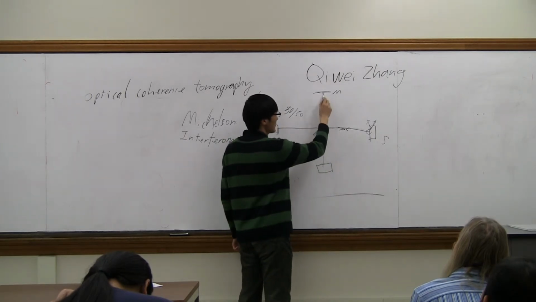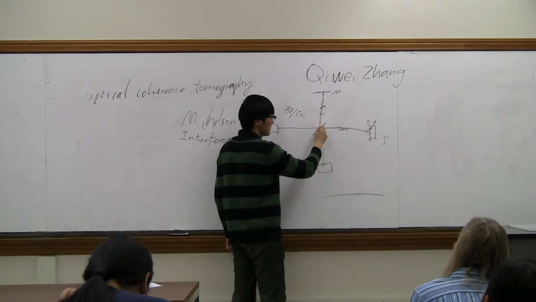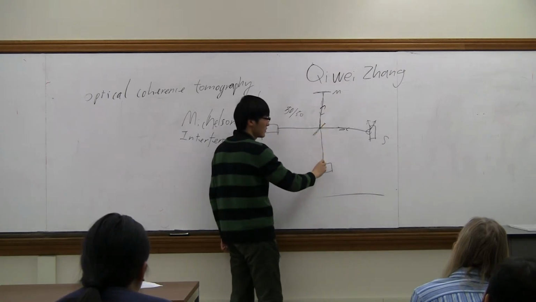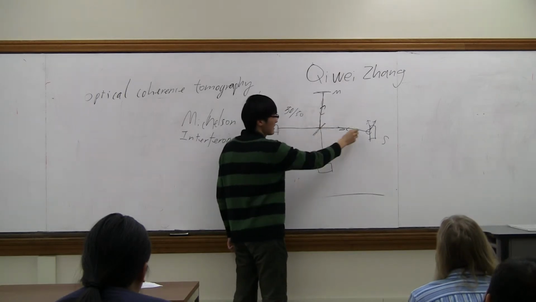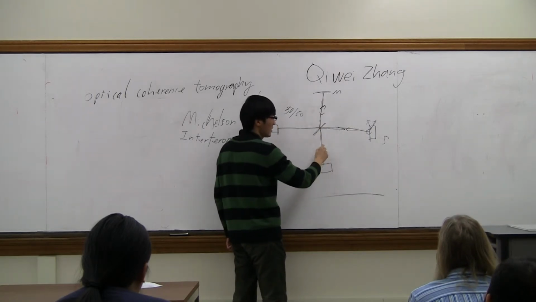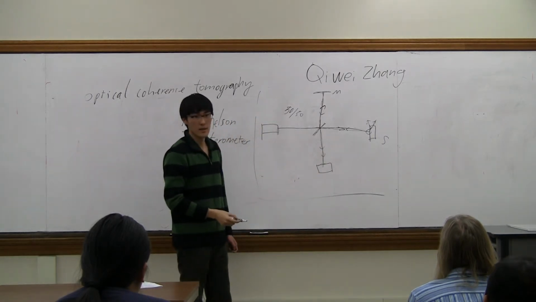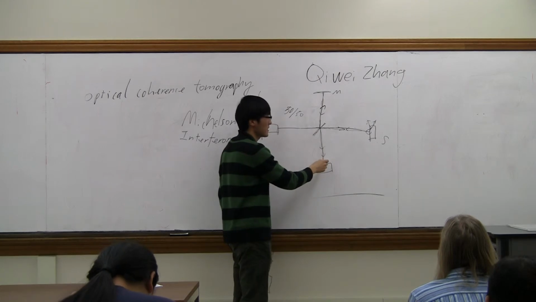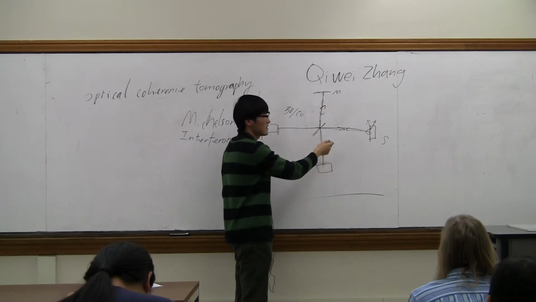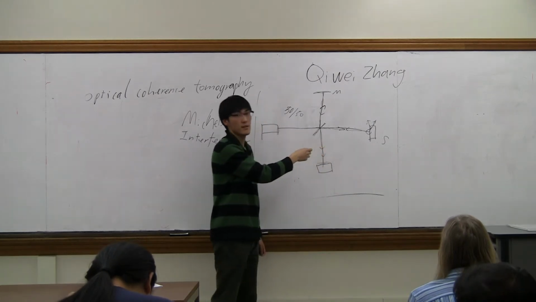And when the light is reflected, it lets this light go through from this line and reflect this. So this line and this reflected line will combine, so there is this image, the interference image.